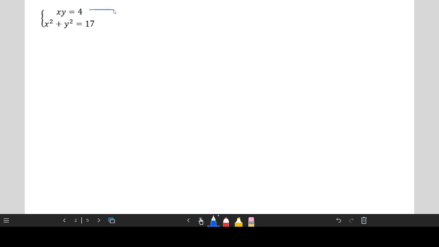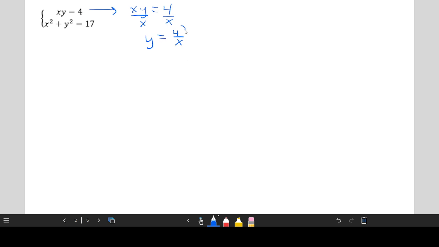This one is probably going to be easiest to do substitution. If we start with that first equation, we can easily solve it for x or y. I'm going to solve it for y by dividing both sides by x. And so we have y equals 4 over x.